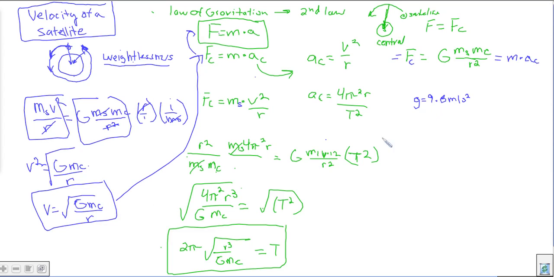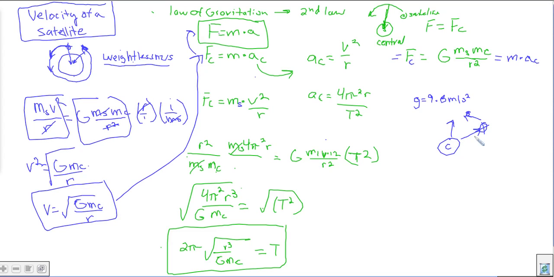The idea of gravitational field is simply that if we have a central body here, it is going to exert a force on all the objects around it. So if you have a satellite going around that central body, it is within that central body's gravitational field.